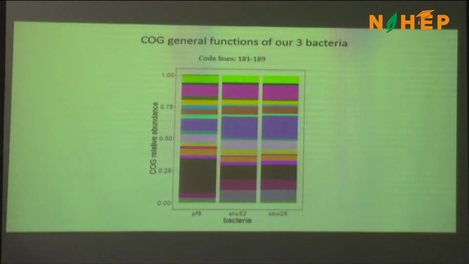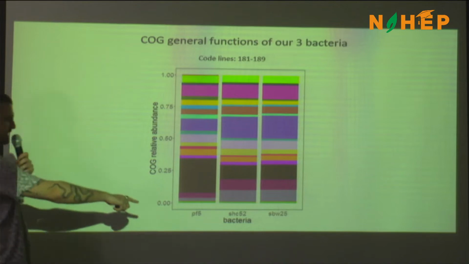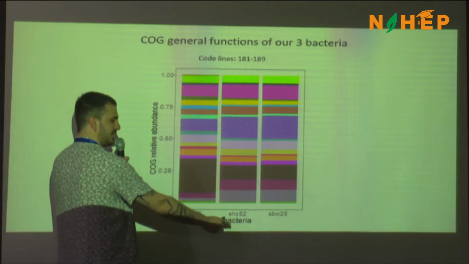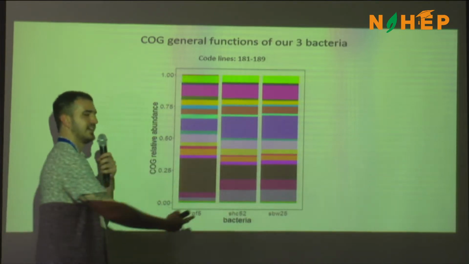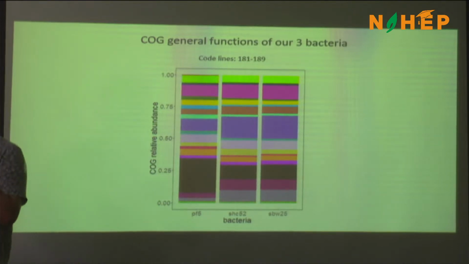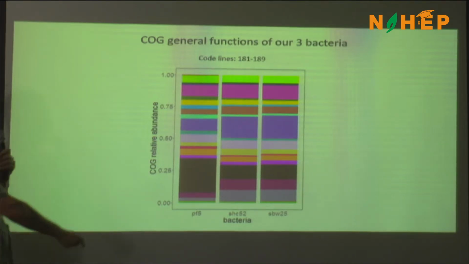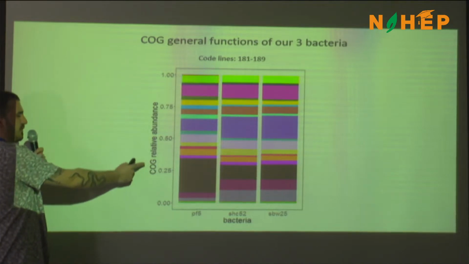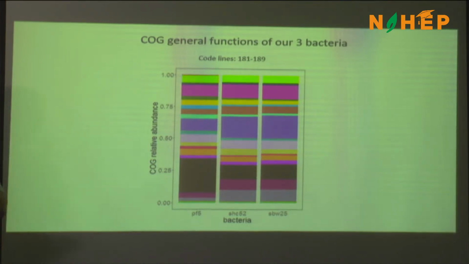Here we can see a bar plot where on the x-axis we have different bacteria. The two on the right are the ones where we saw an antagonist phenotype, and the one on the left is the one that did not. On the y-axis, we have the relative abundance of COG functions or COG categories.